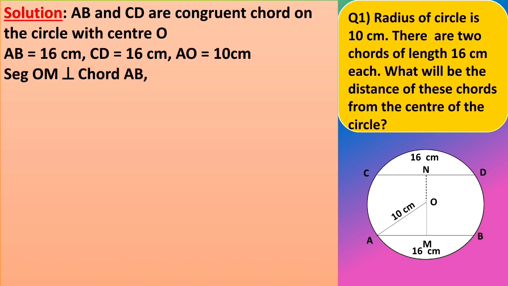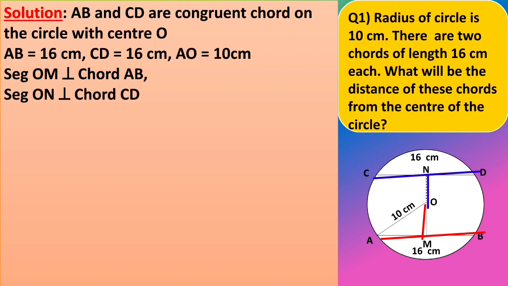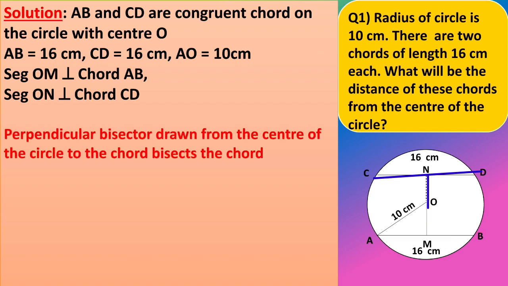Segment OM is perpendicular to chord AB, and segment ON is perpendicular to chord CD. The property is: the perpendicular drawn from the center of the circle to the chord bisects the chord. So here ON is perpendicular to chord CD and OM is perpendicular to chord AB, so they bisect the chords.